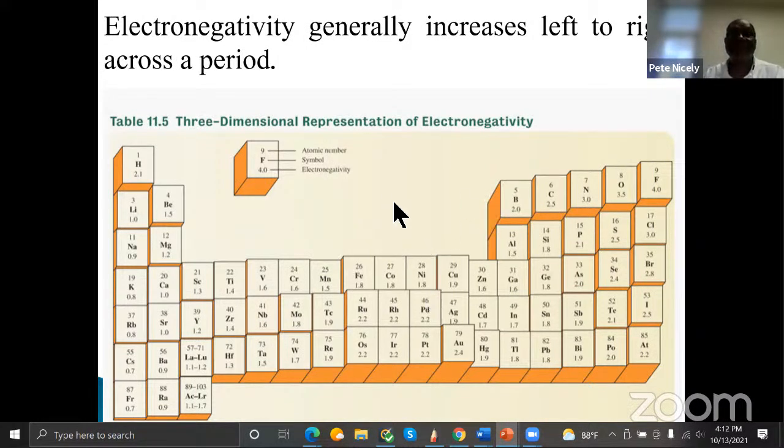And then as you go from left to right of any period, the electronegativity increases, right? So for example, in period 4, starting with potassium and ending with bromine, you'll see that there's a corresponding increase in the electronegativity values of the elements. So those are the trends as far as electronegativities are concerned when it comes to the elements in the periodic table. It decreases going down any group and increases going across any period.